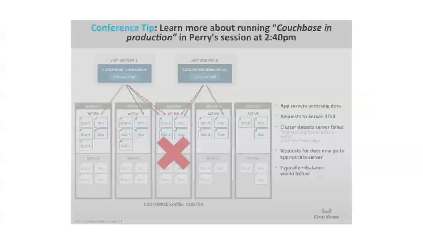And so when that happens, the replicas, as you saw here, are uniformly distributed across the cluster, and they all get promoted. And so there's not one server in particular that's taking on more load. All the nodes in the cluster are doing a little more work, which is obviously a better way to go to prevent failures moving forward. So you can learn a little bit more about production and how to run in production in Perry's session.